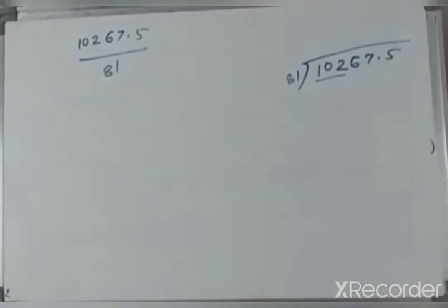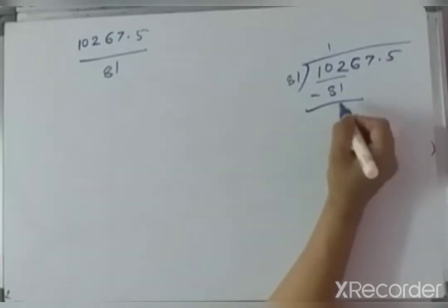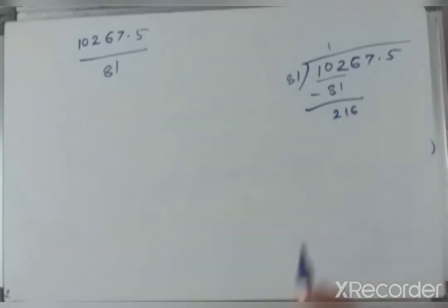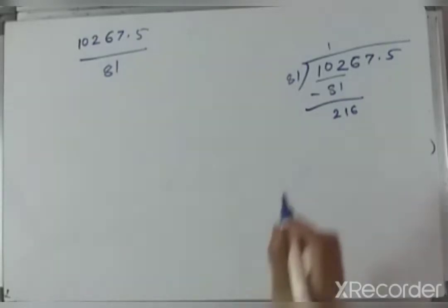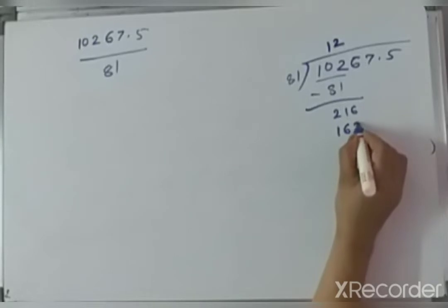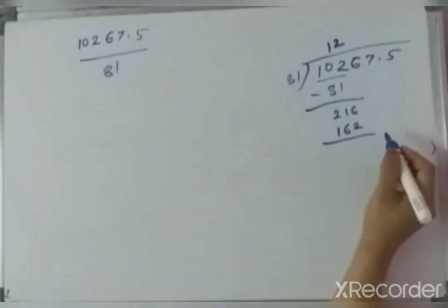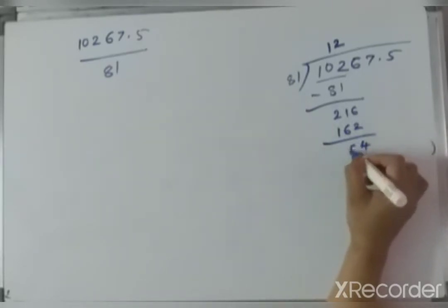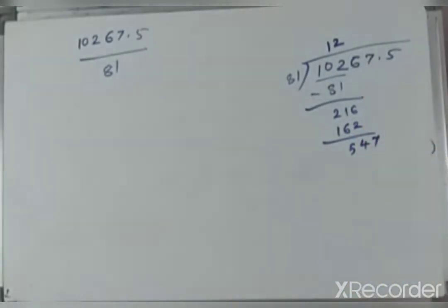So first three digits we will take, 102. 81 ones are 81. 6, take down. 81 twos are 162. Let's take 7 down. 547.